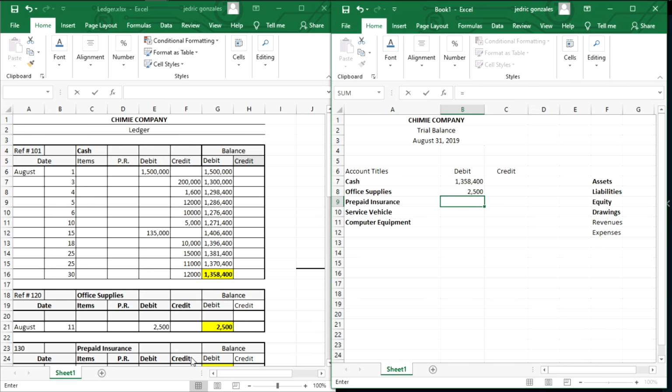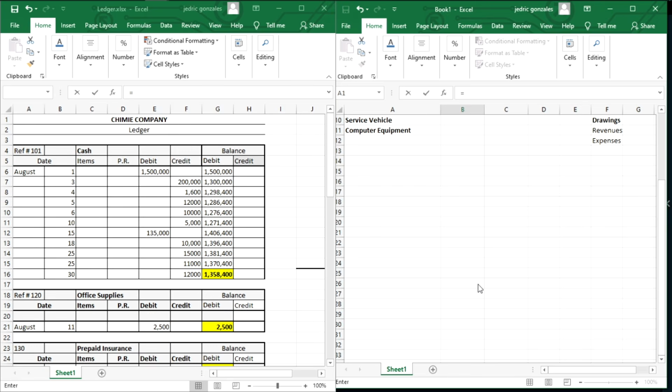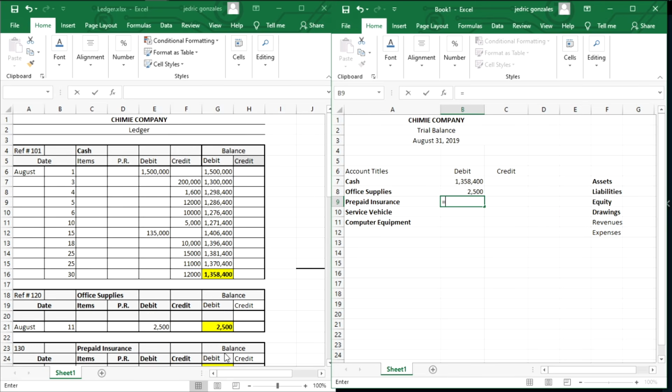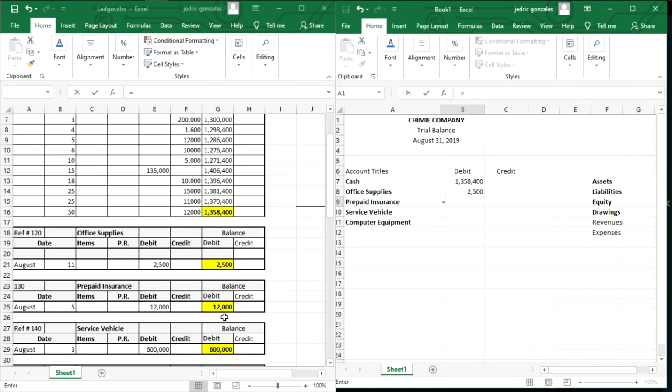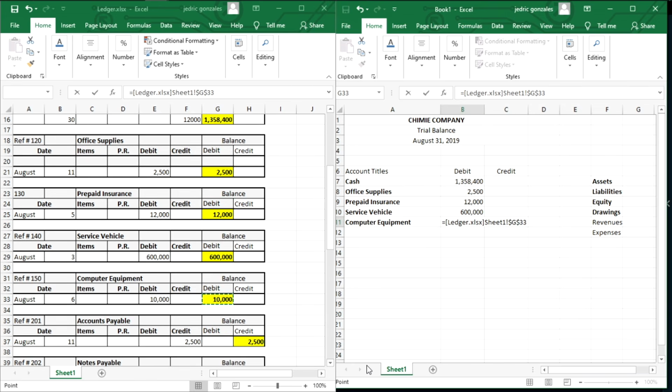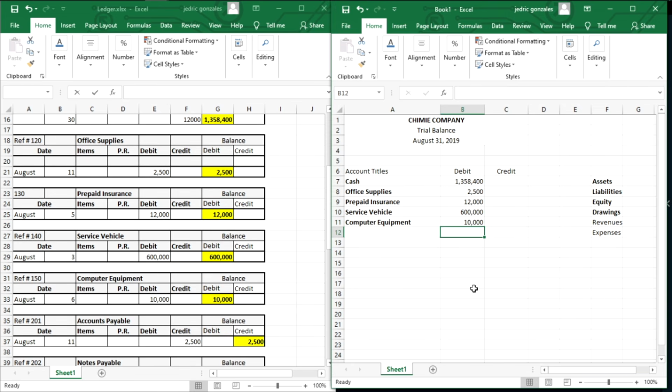And then, the debit account of prepaid insurance is 12,000. And then, the debit balance of service vehicle is 600,000. And for computer naman, ang debit balance niya is 10,000. Ayan, tapos na natin lahat ng assets.